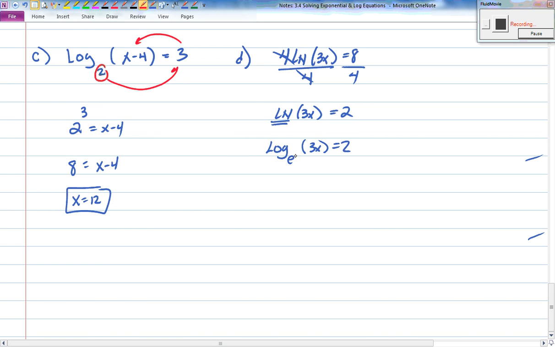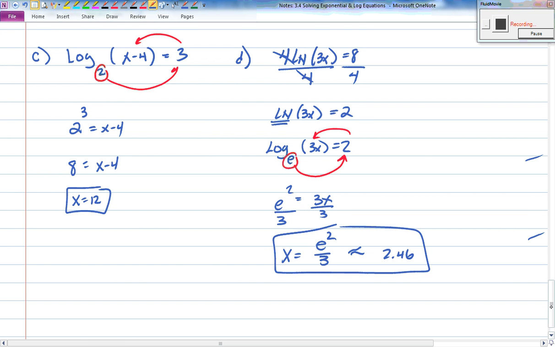We can exponentiate. e to the power of 2 will have to give you back 3x. So e squared equals 3x. We'll divide both sides by 3. So the exact answer would be e squared over 3. The approximate answer will be 2.46 when you plug that into your calculator.